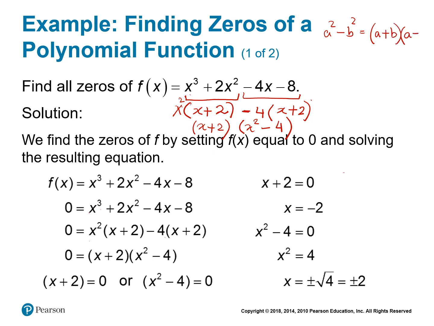So when we have the difference of squares, it can be factored as a plus b times a minus b, and x squared minus 4 is a difference of squares. So we can write it as x plus 2 and x minus 2, or x minus 2 times x plus 2, doesn't matter, right?